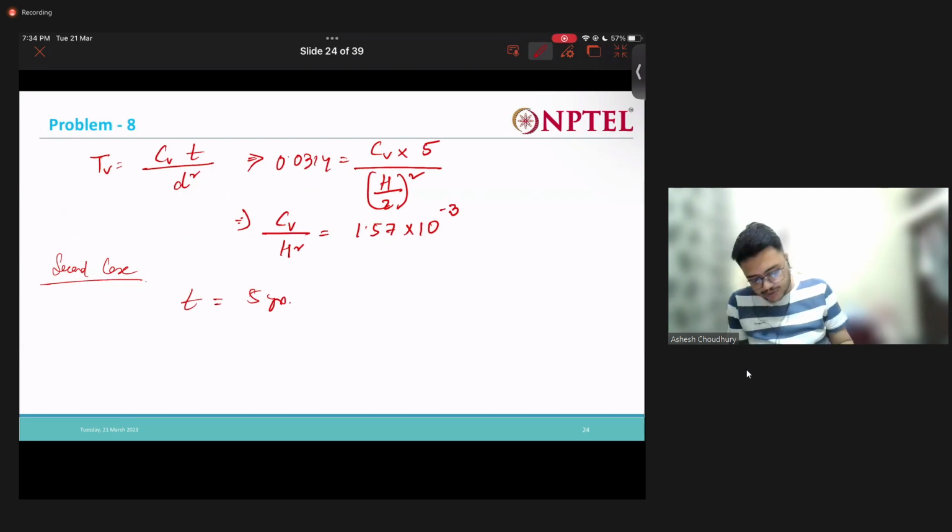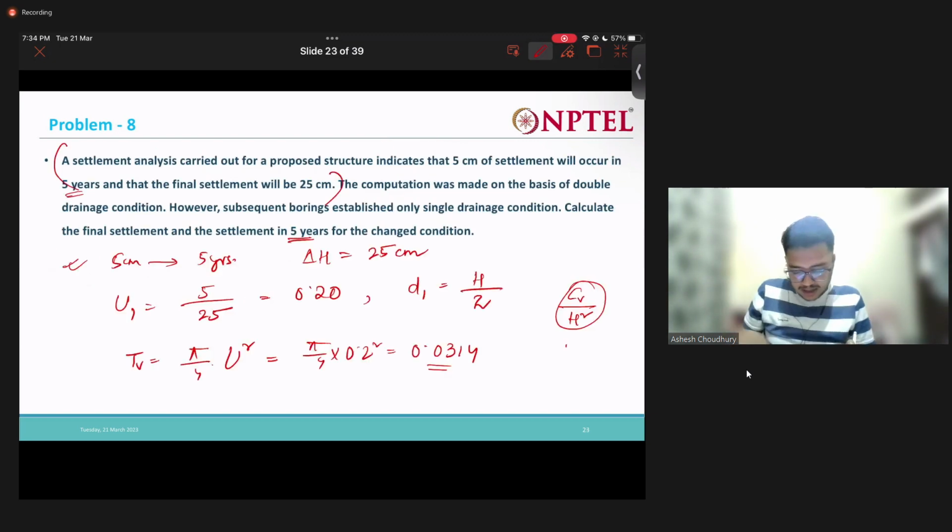Here we need to make an assumption. In double drainage, after 5 years, 20% settlement is occurring.